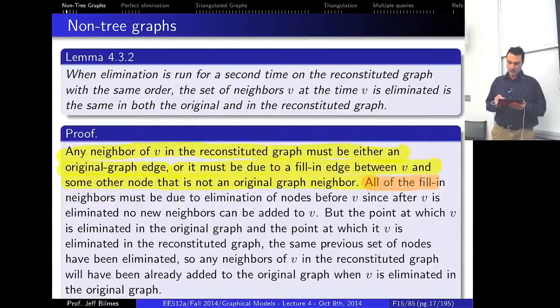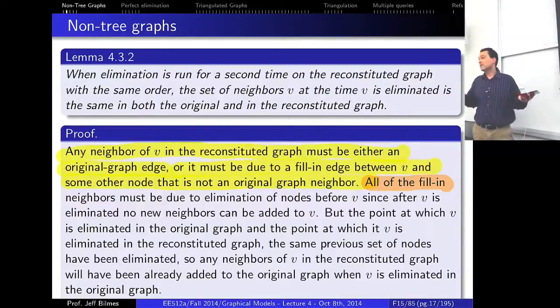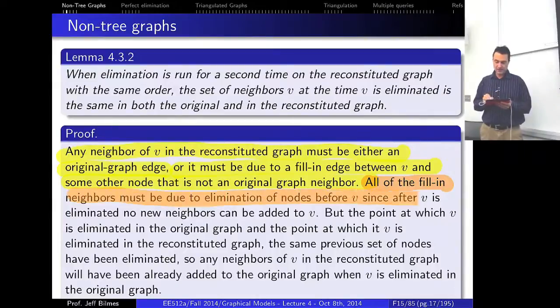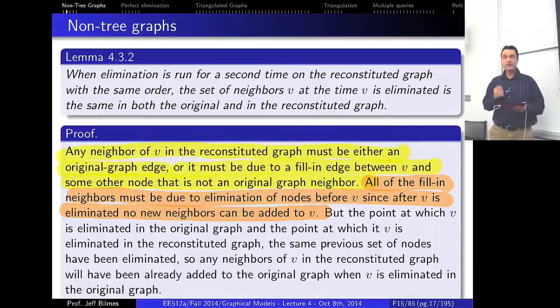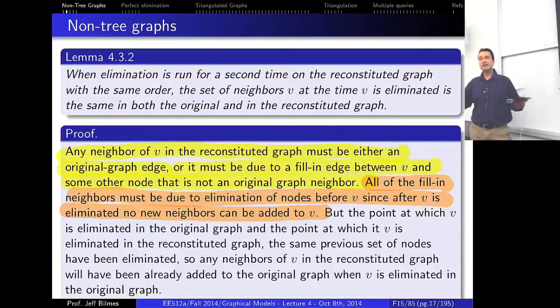So all of the neighbors of V that are fill-in edges must be due to elimination of nodes before V. The reason is that after we have eliminated V from the graph, there can't be any additional edges added to V, because V is gone.